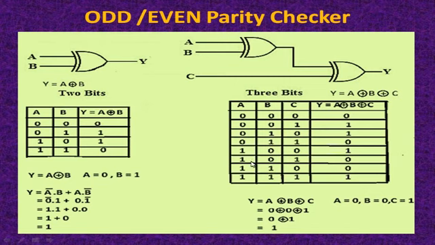Now let us check other possibilities. Here again two inputs are high. So we can say in a similar way, like the fourth case, the output is also 0. Now let us consider the last case. 1 1 1, means A 1, B 1, C 1. So the output will be: 1 XOR 1 will be 0 because both inputs are the same, and again by taking this C as 1, means 0 XOR 1.